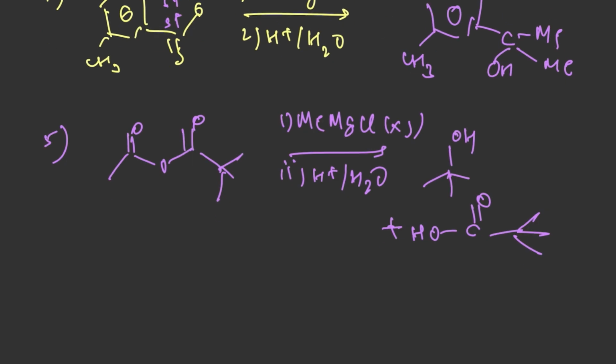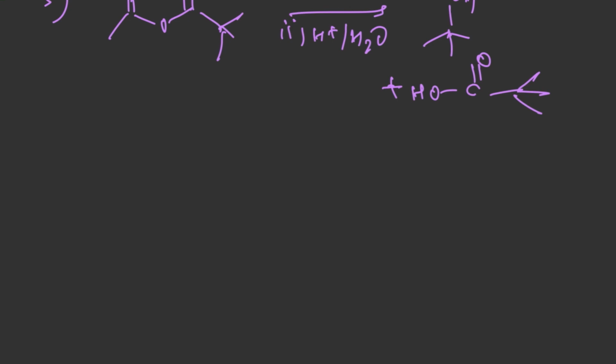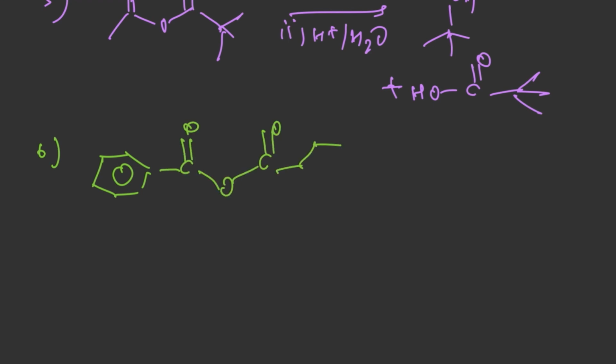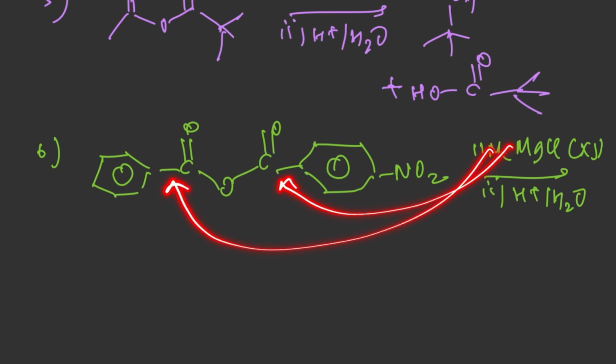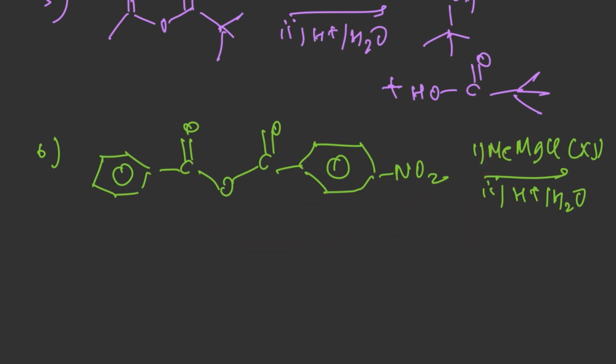Sixth, now we have a condition where we have two positions to attack. We have NO2. So it will react first with MeMgCl, which is in excess, second H plus H2O. It could attack over here also and here also. So it will attack where the intensity of charge is more, which is created by the nitro group. The nitro group has a minus M effect over here, so it will intensify the positive charge.